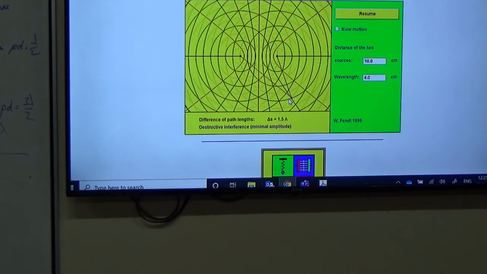And so the path difference is really this bit here. This one is doing this length, this one is doing that same length plus this extra bit.